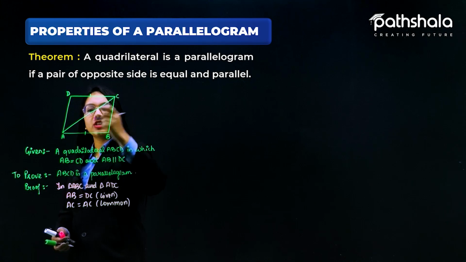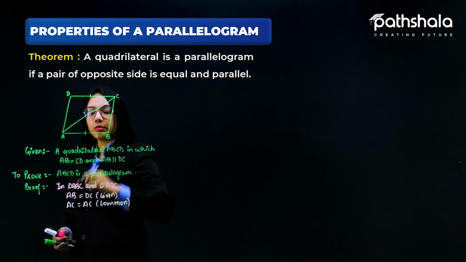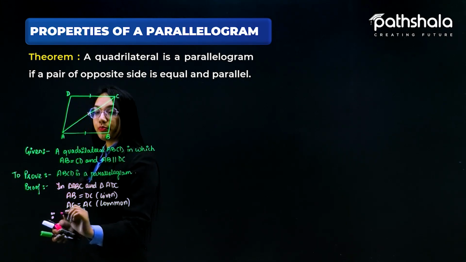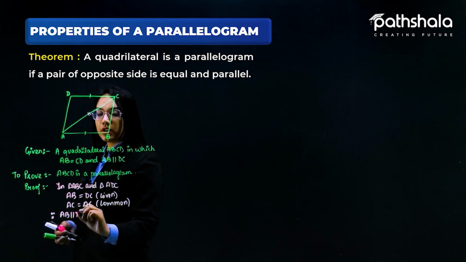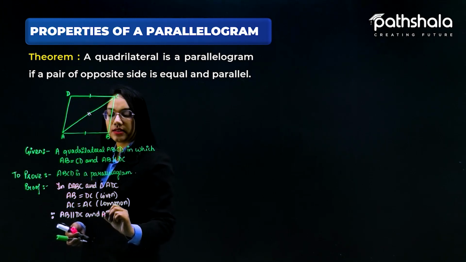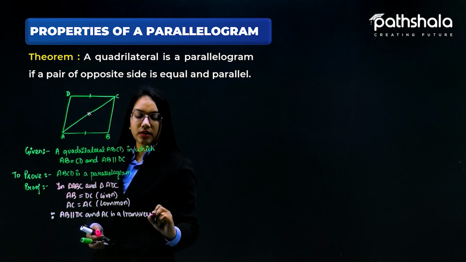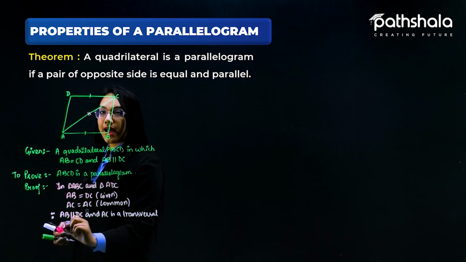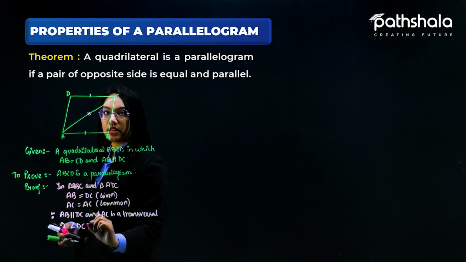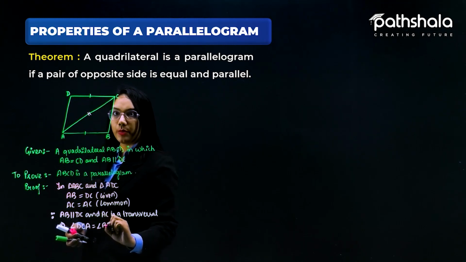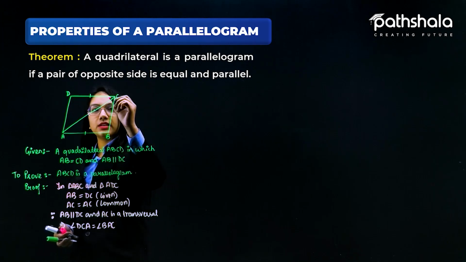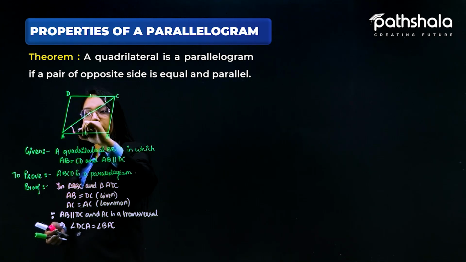Furthermore, we can say that since AB is parallel to DC and AC is a transversal, it implies that the angle DCA is equal to the angle BAC, which means this angle is equal to this angle.